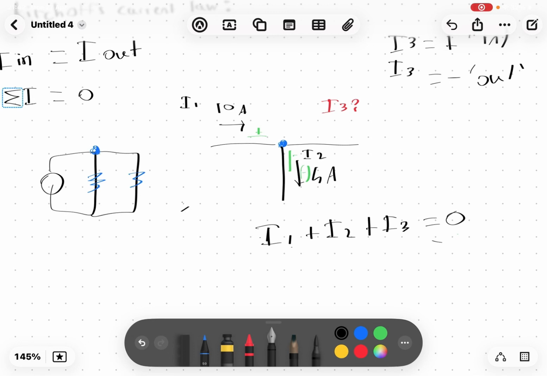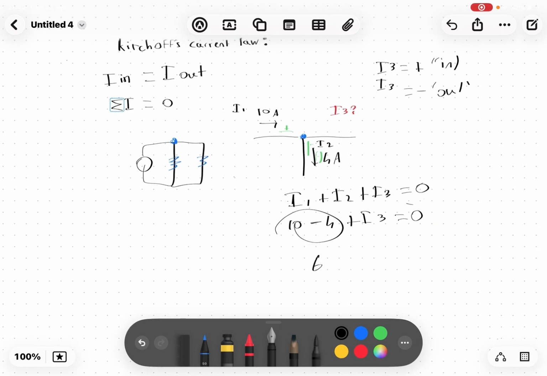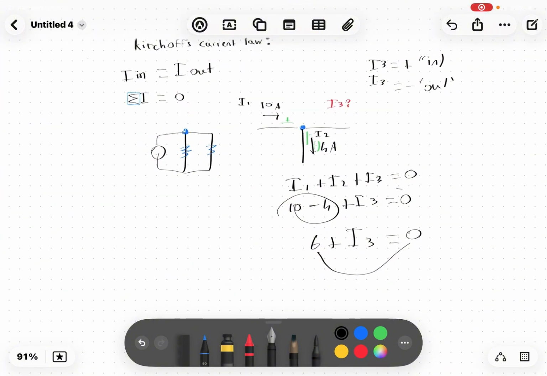So we know the values: I1 is 10, I2 is 4, so it's negative 4, don't forget, plus I3, and they all equal 0. This equals 6 plus I3, so 6 plus I3 equals 0. We move the 6 over here, so I3 equals negative 6.